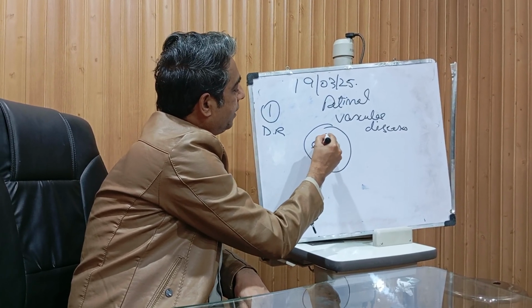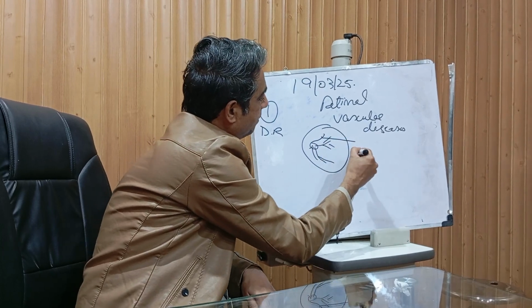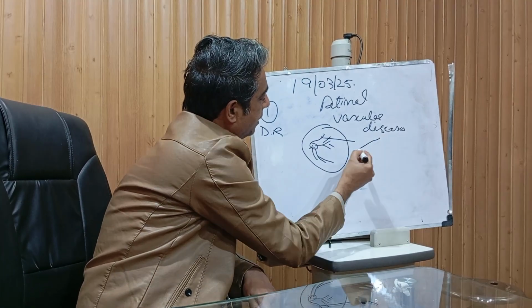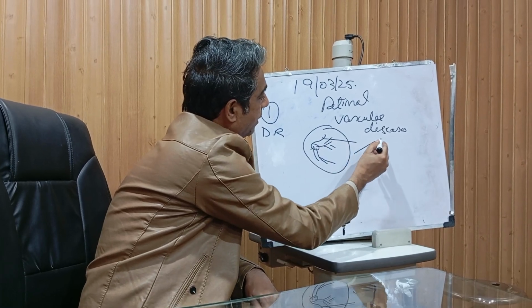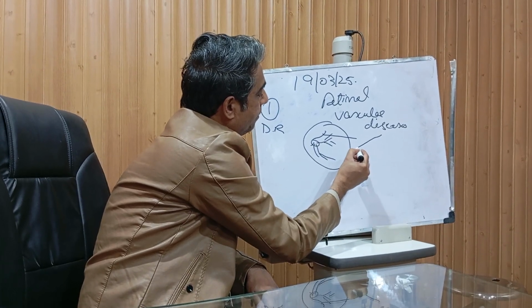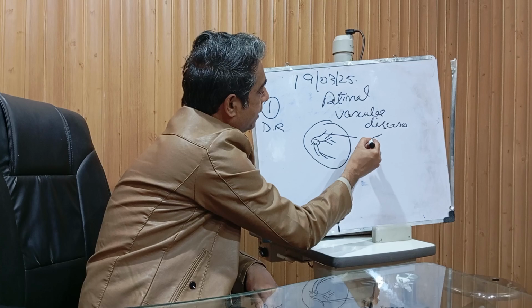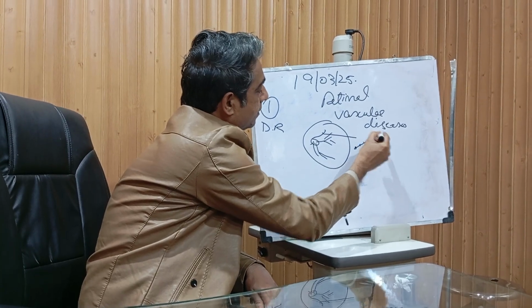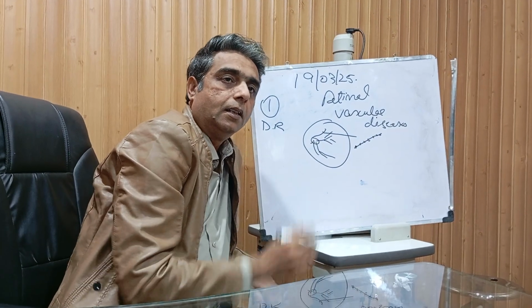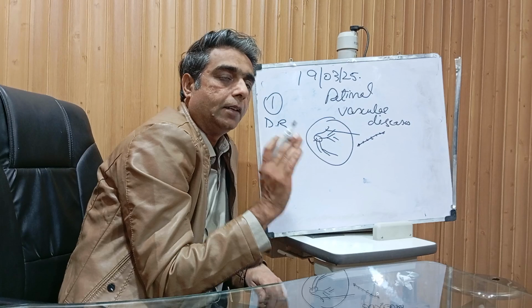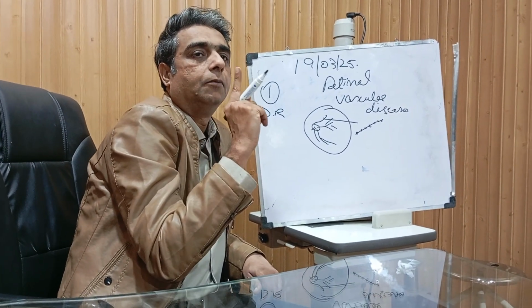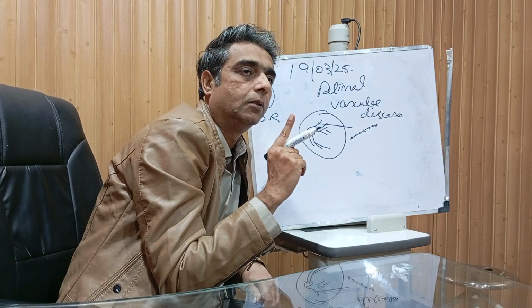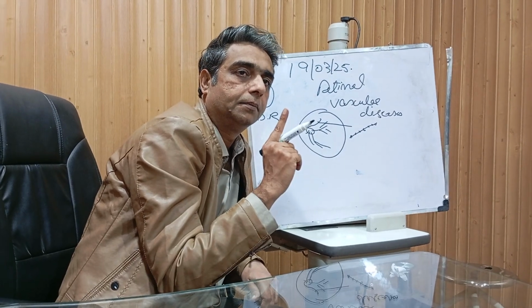If we take this blood vessel in an enlarged picture, this is a branch of a central retinal artery. So these are different cells in the artery, right? Normally, anatomically, there is one supporting cell for each endothelial cell of the blood vessel.